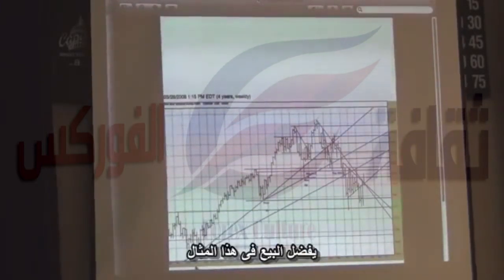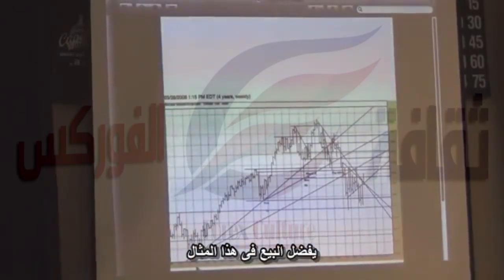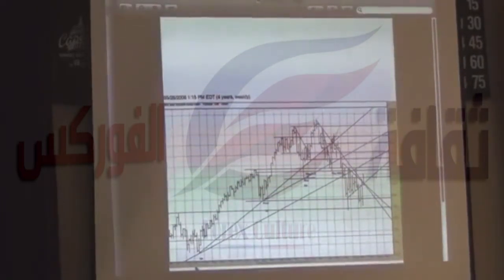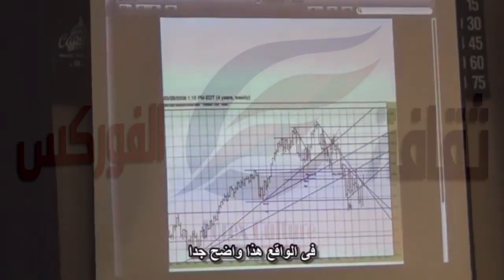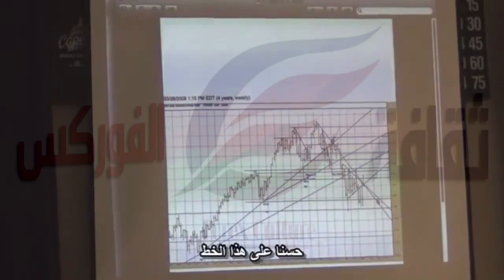If you were to short this pattern, where would you get in? Well, that's actually very obvious. The obvious short, let's say the conservative short, is right in here, on this line.